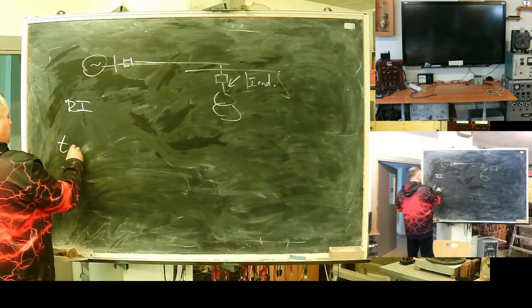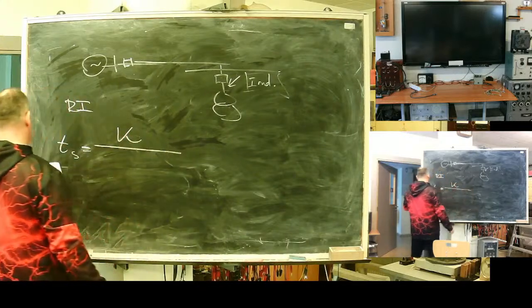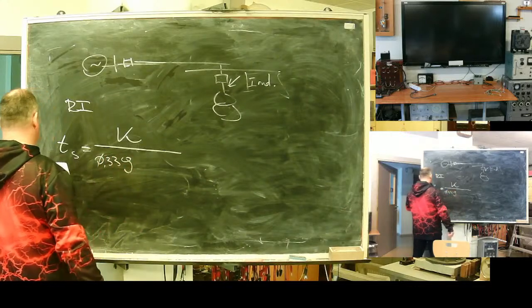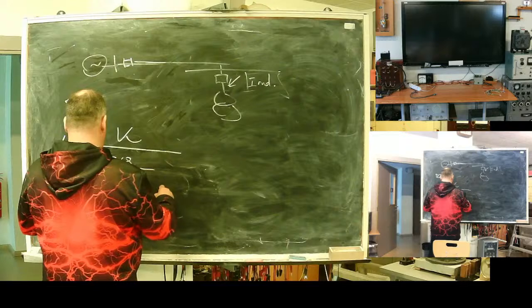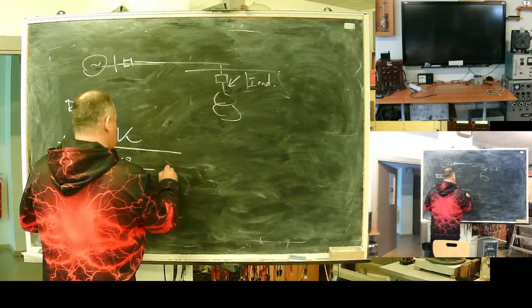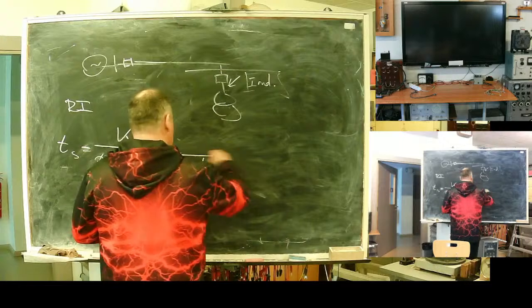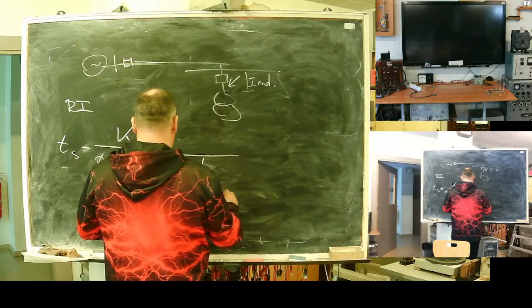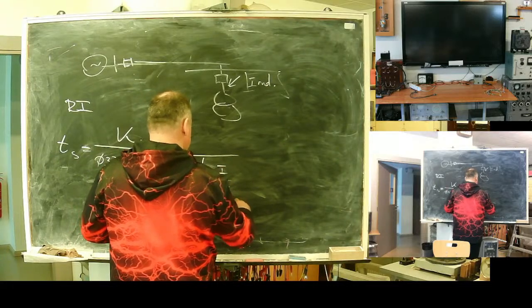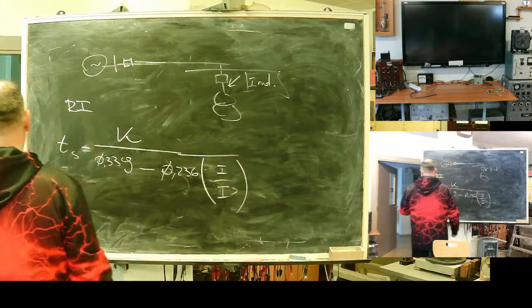The trip time in seconds is time multiplier divided by 0.339 minus 0.236, divided by current divided by set.